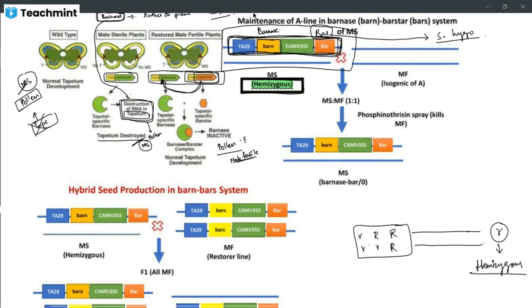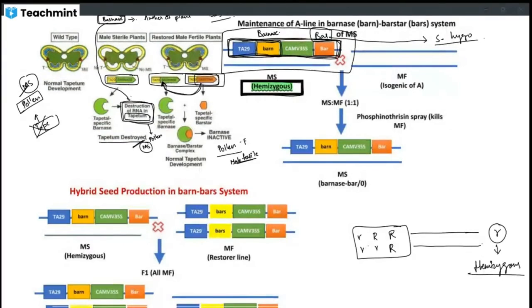When this Barnase gene is incorporated into the anther, what will happen ultimately? The tapetum will get destroyed and then the pollen grains will be in a male sterile condition. Is it clear?